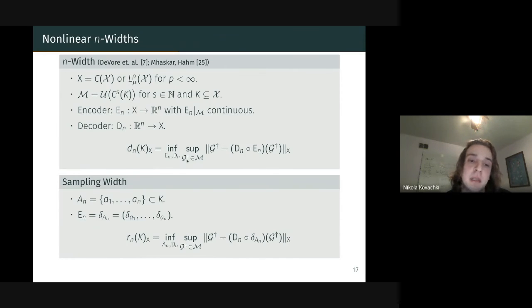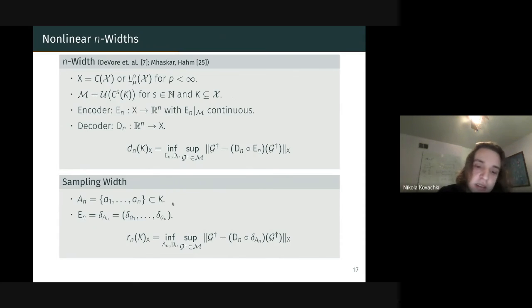This says something about data, because you can think of the encoder as gathering information about the object you're trying to approximate, and the decoder as anything which uses this information to try to reconstruct it. So this is really any generic algorithm, because you gather data in some way, and here I'm assuming the way I gather data is continuous, and then I use this data to reconstruct.